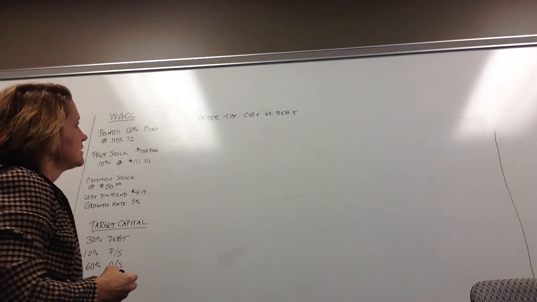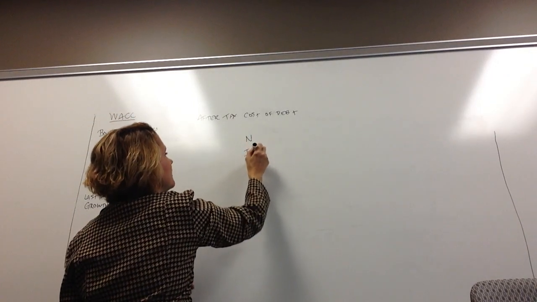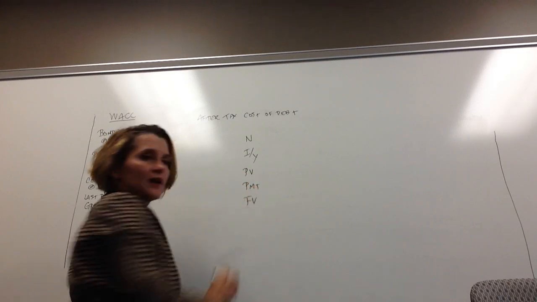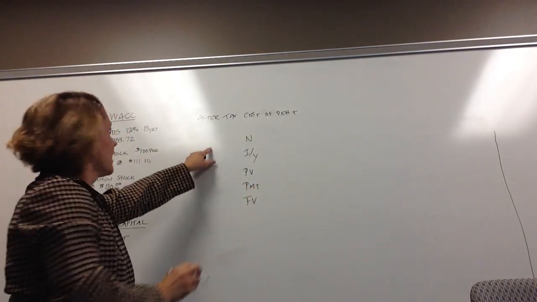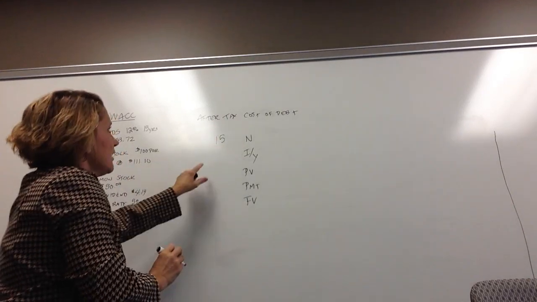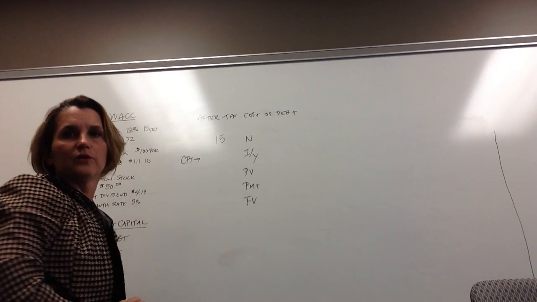Okay, so for our after-tax cost of debt, we have to go back and calculate the yield on those bonds. So we go back to our time value of money keys, and our N is going to be 15. They're 15-year bonds. The I/Y is what we're computing, so that's what we're looking for.